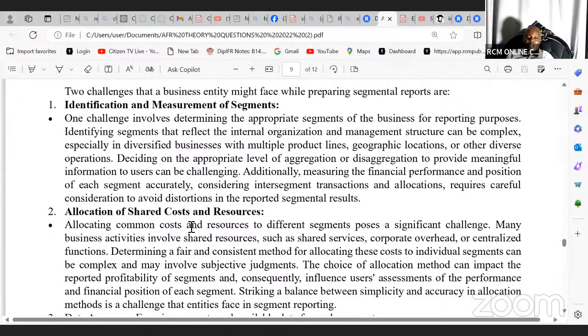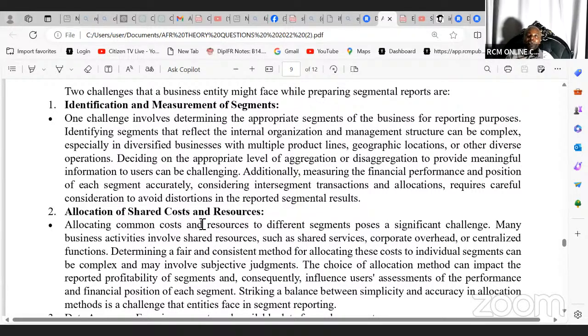We have number two, allocation of shared costs and resources. You can't easily allocate resources belonging to the head office. Rent for the head office has been paid. The head office is supporting these segments here, right?